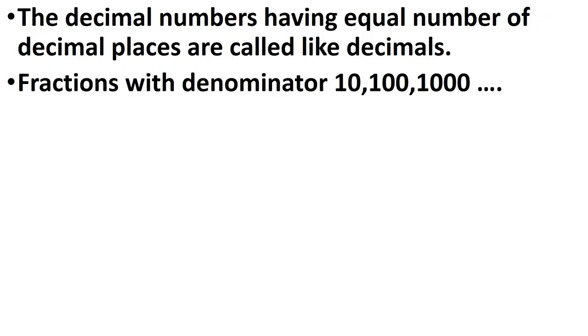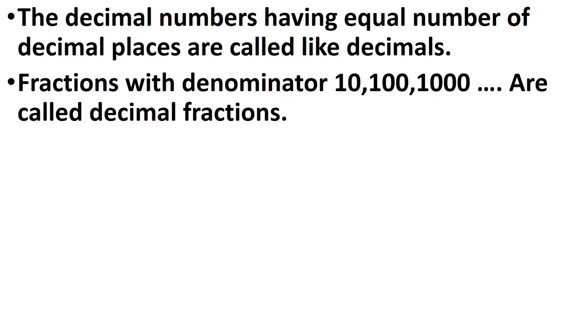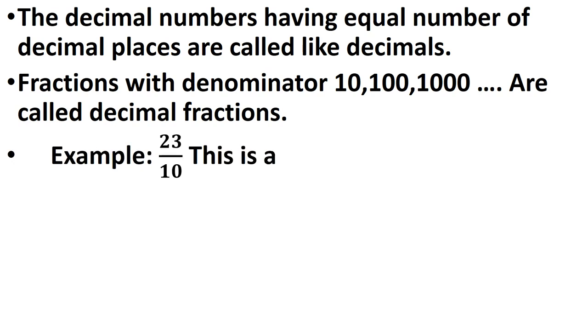Fractions with denominator 10, 100, 1000 are called decimal fractions. If the denominators are 10, 100 or 1000, then we call them decimal fractions. Example, 23 upon 10. This is a decimal fraction.